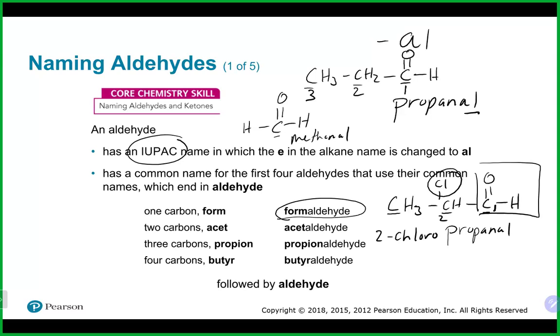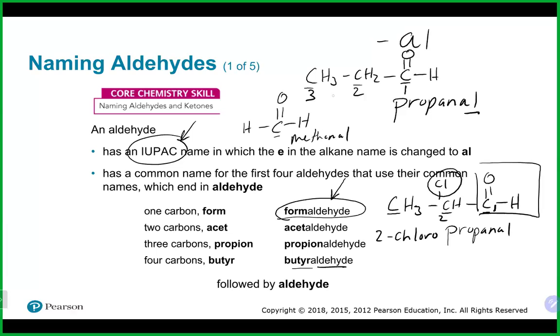Again, the common name is known as formaldehyde. Acetaldehyde, propionaldehyde, and butyraldehyde here basically are our common way of naming. We are going to go in this class with the IUPAC way of naming, which is the AL at the end of it. I would say maybe the only one you should be familiar with is formaldehyde. It's still obviously used a lot in biology and stuff like that, right? So you should be familiar with what that is.